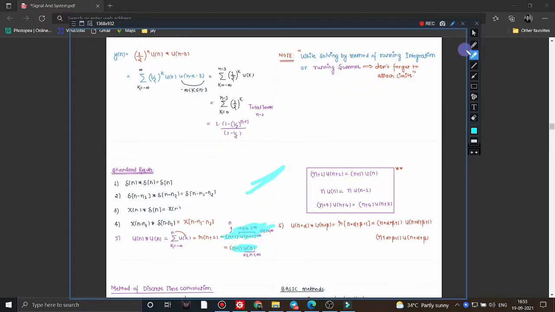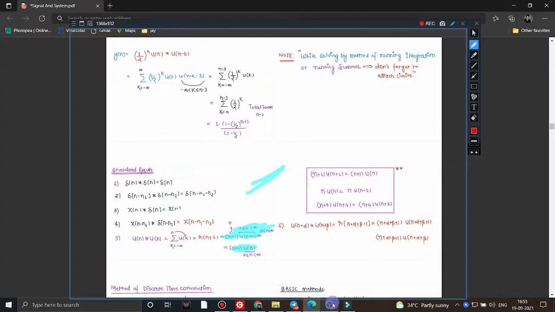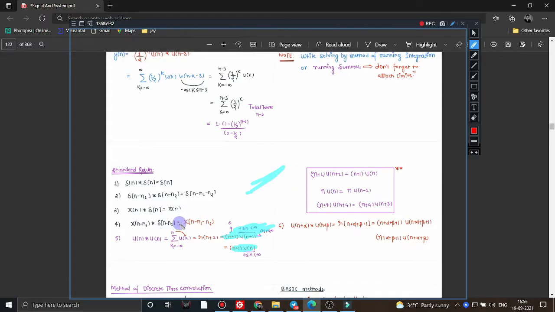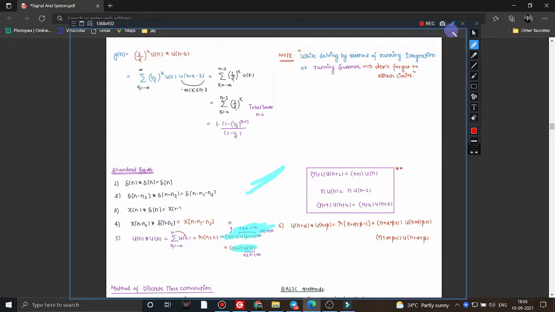Okay? बाहर वाले n को रहने दो और अंदर वाले n को माइनस कर दो 1 यूनिट से. ठीक है. So we can write this term like this by retaining the n outside and subtracting 1 unit from the inside n.